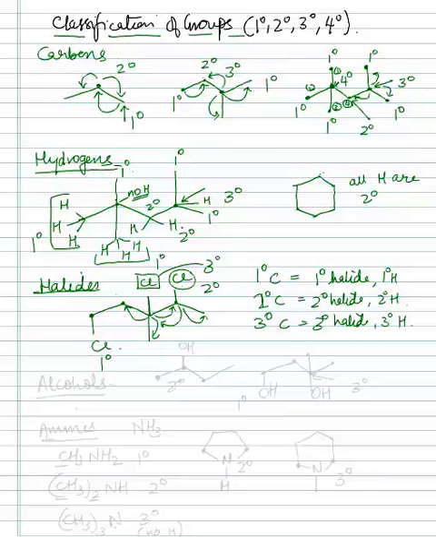All right. So now let's look at alcohols. It's the same thing with alcohols. This one, secondary alcohol, because you have this carbon, the alcohol group that is connected to one carbon is connected to 1 and 2 carbons, so this is a secondary alcohol.